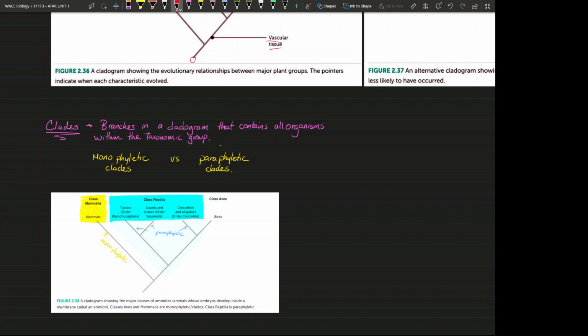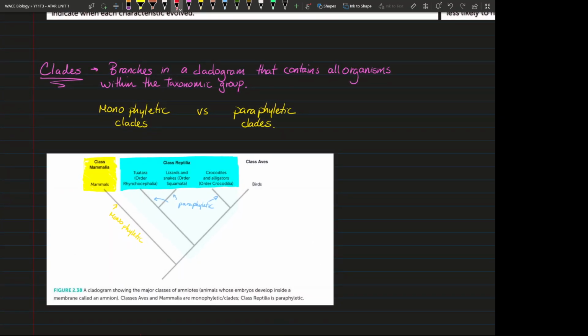So whenever you have a branch, and usually when it's one branch here, for example, this is referred to as a clade, okay? And it contains all organisms of a taxonomic group, okay? And when you have all of them in just one group, like for example, the mammals, it's referred to as being monophyletic, which means that it just has one branch, okay?